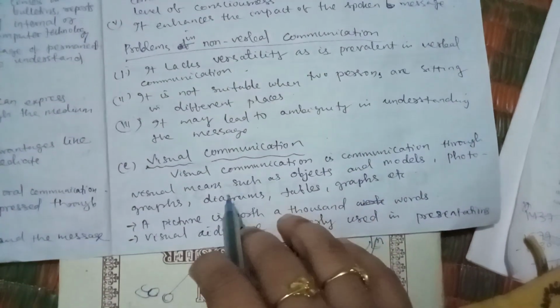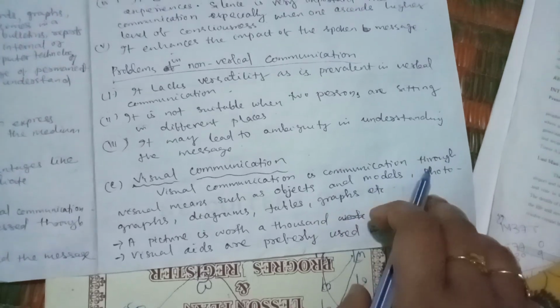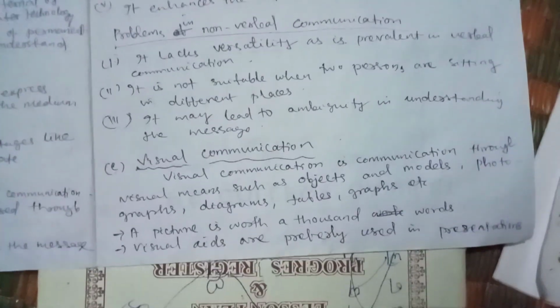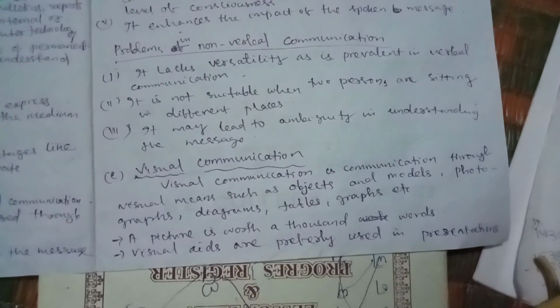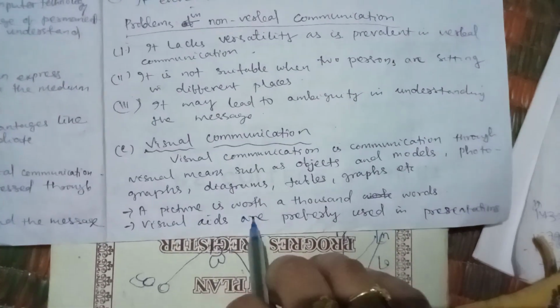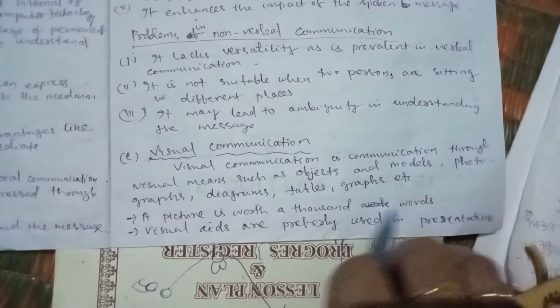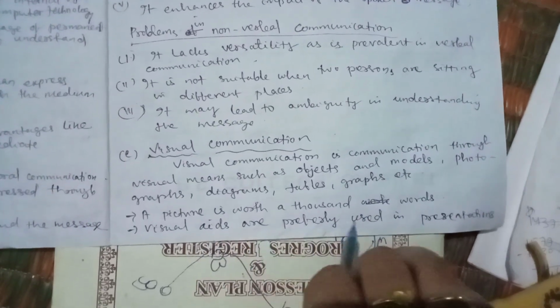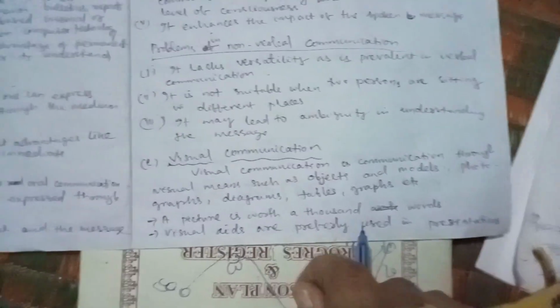Then visual communication. Visual communication is communication through visual means such as objects and models, photographs, diagrams, tables, graphs, etc. A picture is worth 1,000 words. Visual aids are preferably used in presentations.